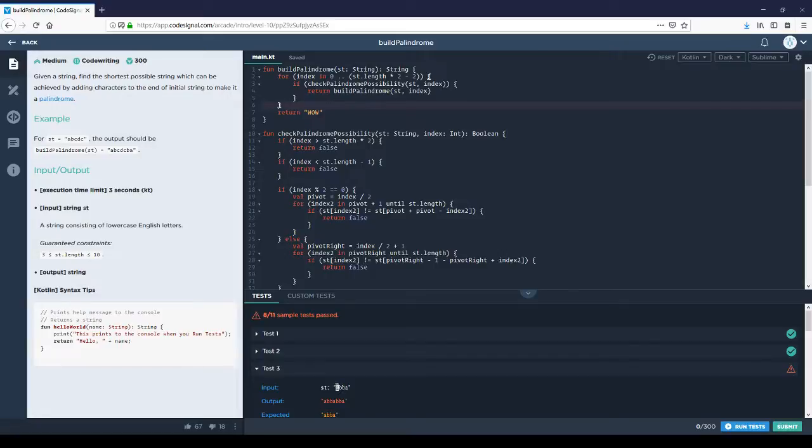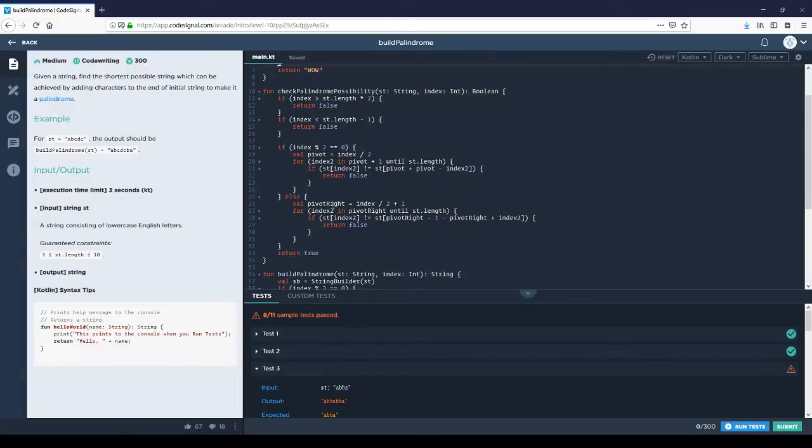The length is 4. When the index is 3, is it smaller than length - 1? No, length is 4 and minus 1 is 3. 3 is not smaller than 3, so it continues on to here.